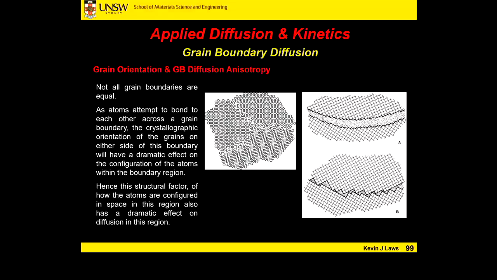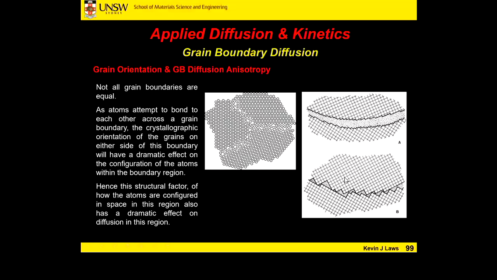So here's a couple of examples of how we can perceive viewing what's going on in these grain boundary structures. The curvature of a grain boundary can affect diffusion. The size of the lattice itself can affect the shape and the width of the grain boundary, and then the misorientation.